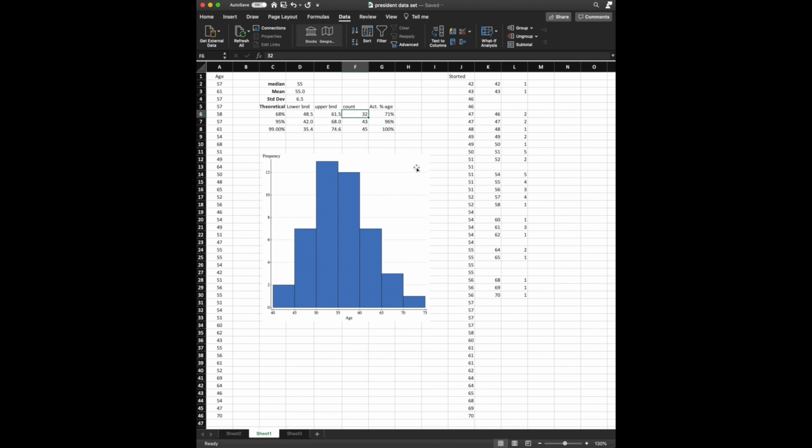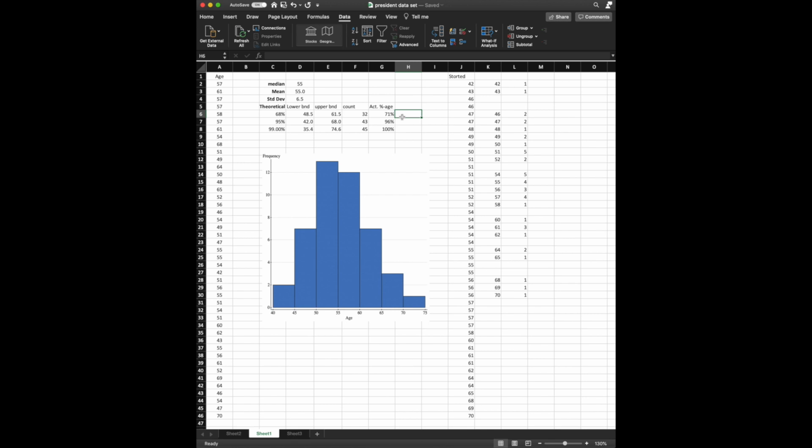So I have 32 actual pieces of data in this interval. If I take 32 and divide that by 45, my actual percentage is 71%. Notice that these are not exact. The actual 71% is not exactly the same as the 68%, but they are pretty darn close.